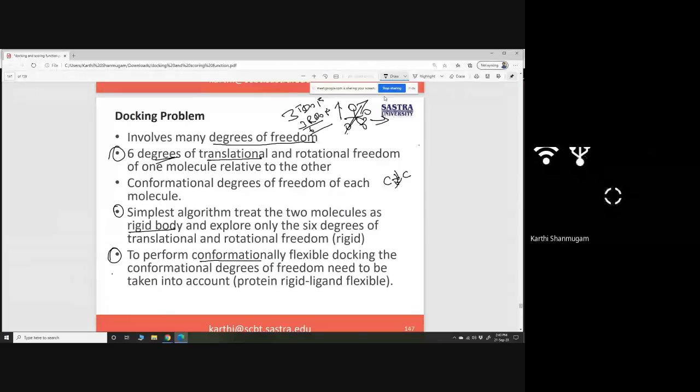Each amino acid has at least a few carbon single bonds. If you add all the bonds, there is going to be a large number of carbon single bonds, and giving flexibility to the macromolecule or drug target is very challenging. But the point to remember is, whenever you write any docking algorithm, you have to think of conformational flexibility, because naturally both the protein molecule and the ligand molecules are highly flexible.